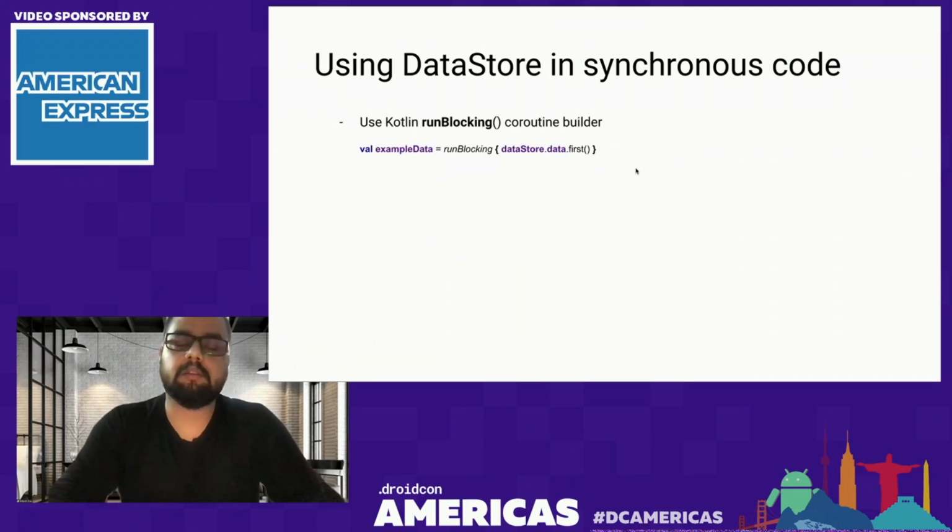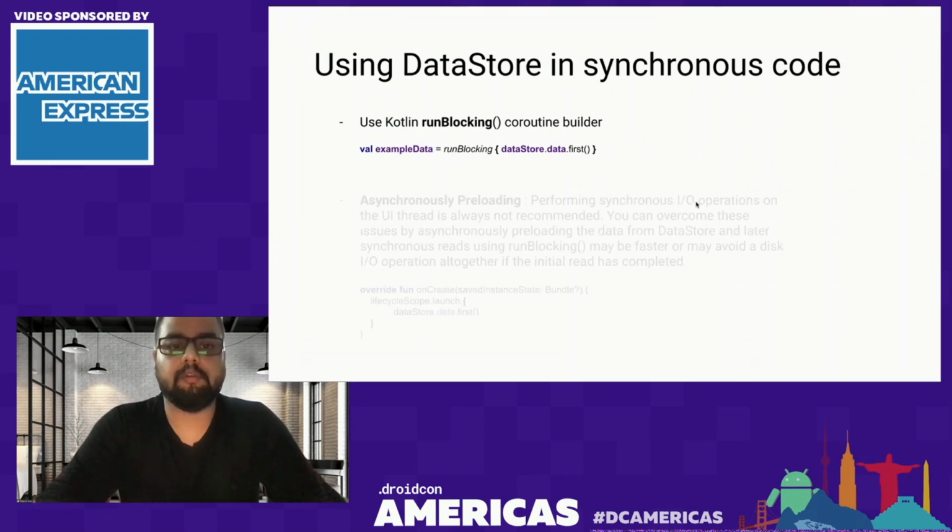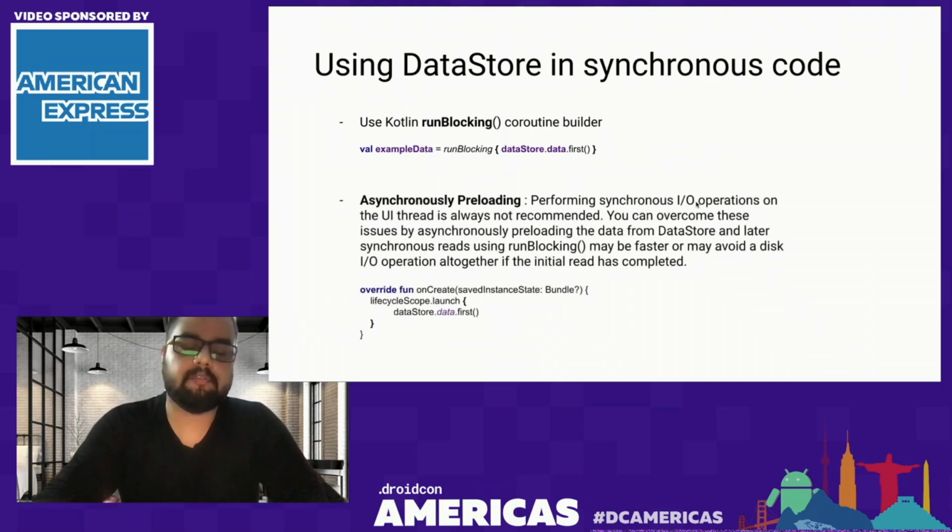There is the Kotlin runBlocking coroutine builder, which you can use to access the keys directly in a synchronous manner. But don't rely heavily on this, because blocking will actually block your UI thread. Another methodology is asynchronous preloading: you initialize the data store, pre-cache the data, and after that you synchronize your IO operations.